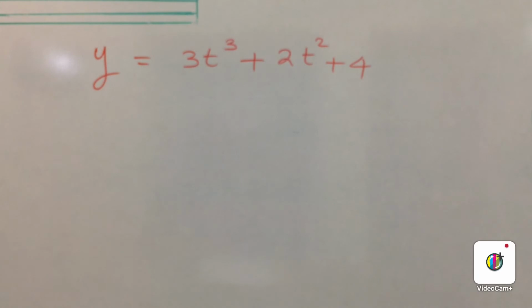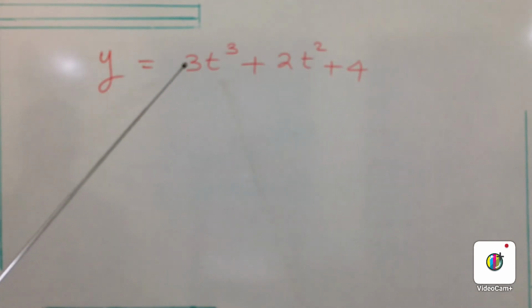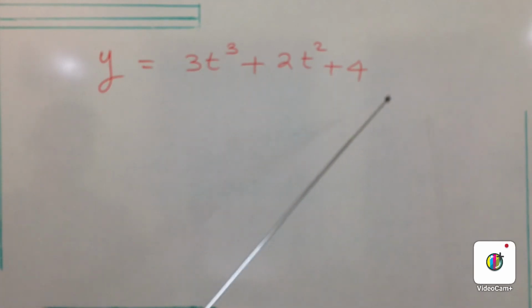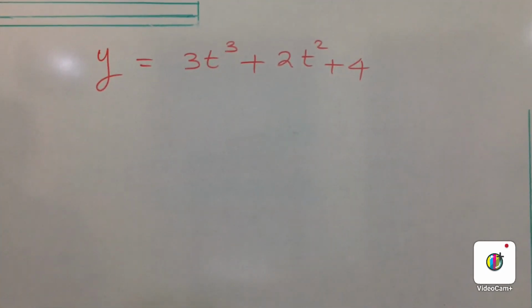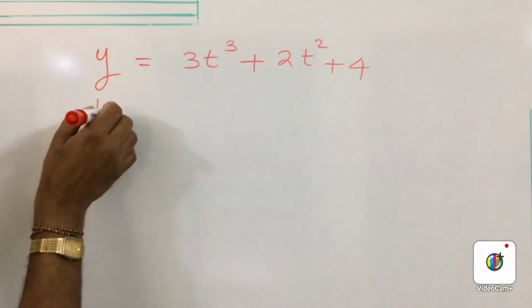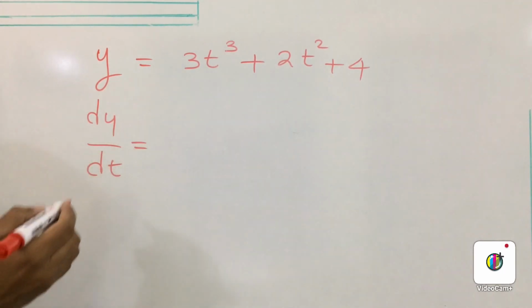We'll see this question, which has a different variable: y equals 3t cubed plus 2t squared plus 4. Here t is the independent variable and y is the dependent variable. Therefore here you should differentiate like this, dy over dt. This 3 is there.